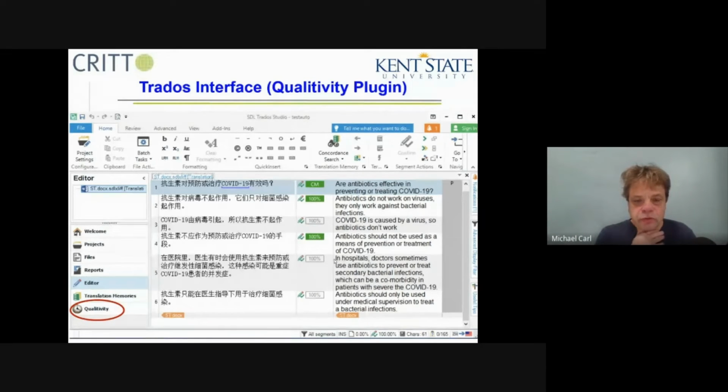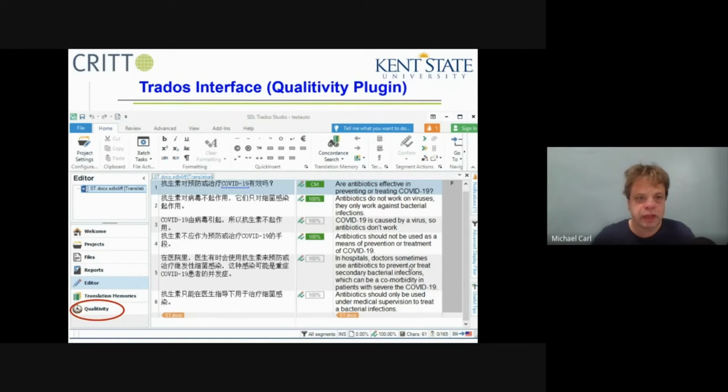Then I just want to finally show this slide here. Until now we have mostly used the Translog program for data acquisition, the tool that I showed with the source and the target window. This here is a professional tool that most, if not all, translators know very well.